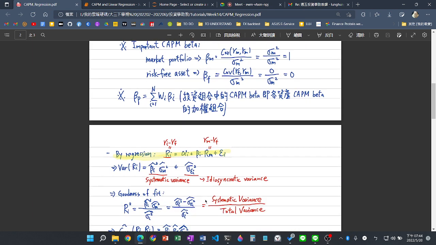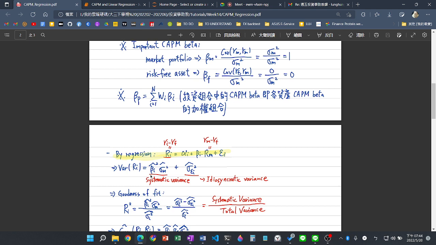The next one is the variance of excess returns of stock i. You just take the variance, do some mathematical calculation, and then you can derive that the variance of stock i can be decomposed into two parts. The first part is the systematic variance, and the second part is the idiosyncratic variance.